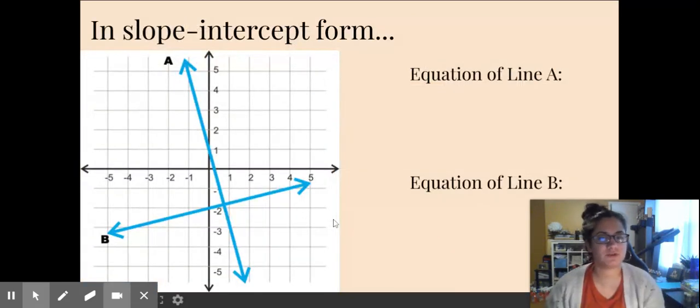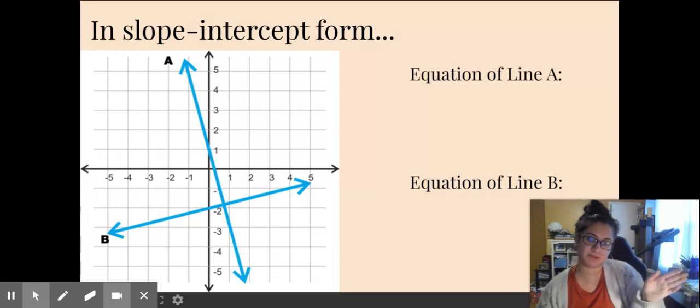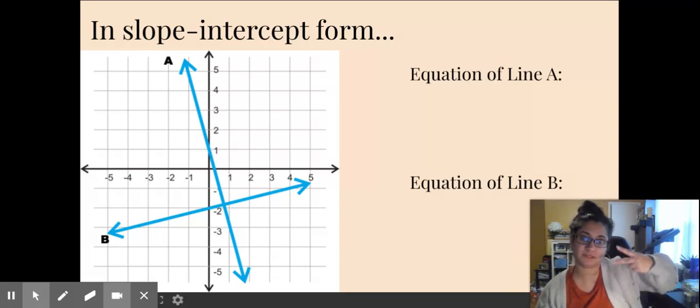And you can do that same thing, get your practice in on writing your equations in slope-intercept form. And you'll see that, remember, the two slopes of a perpendicular set of lines are opposite reciprocals. So if one was negative, it becomes positive, and the fraction flips upside down.